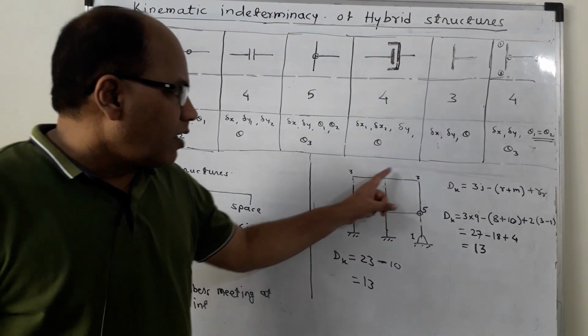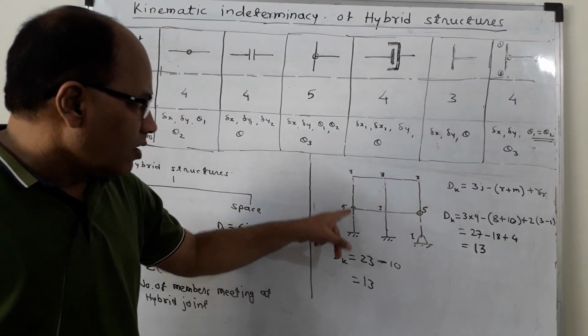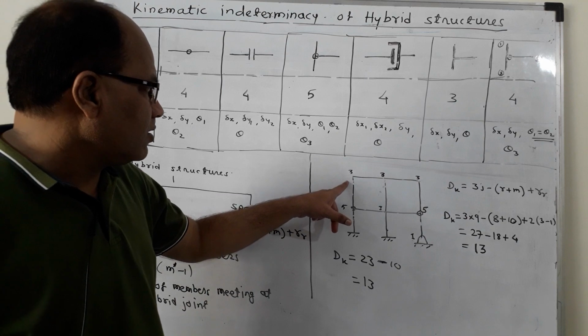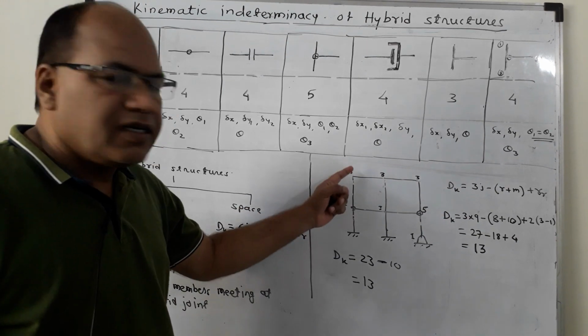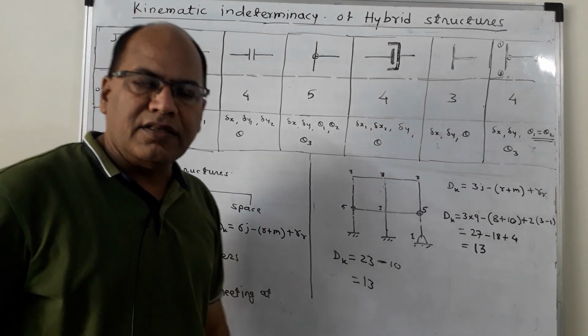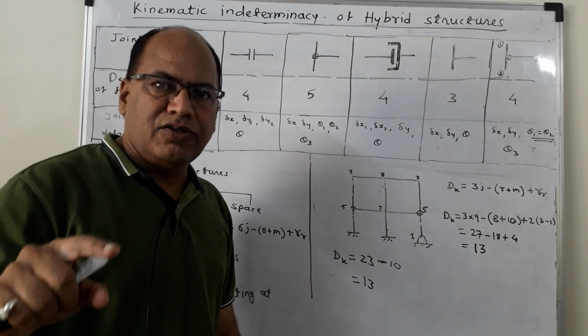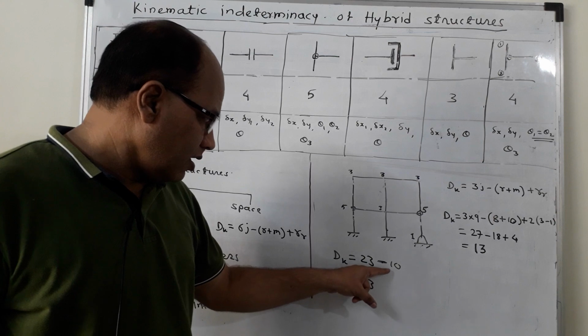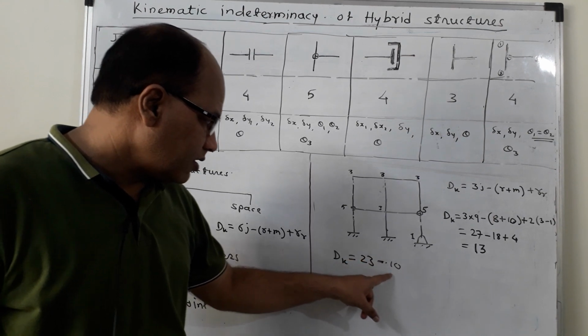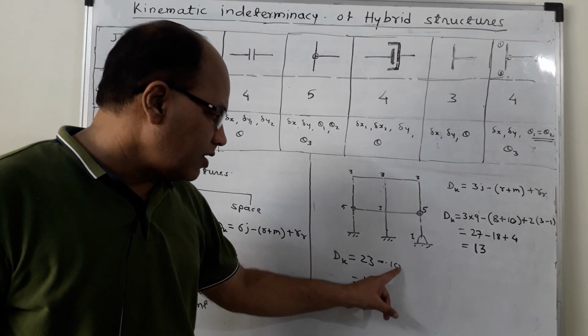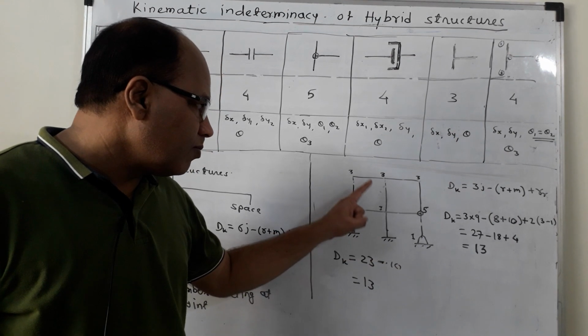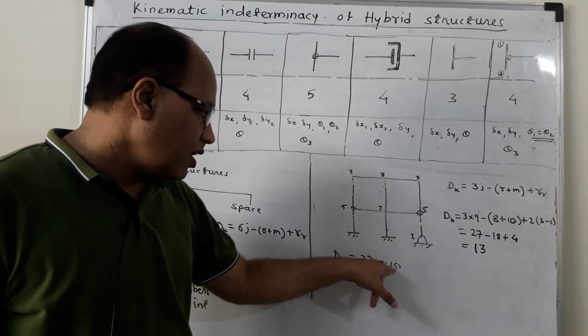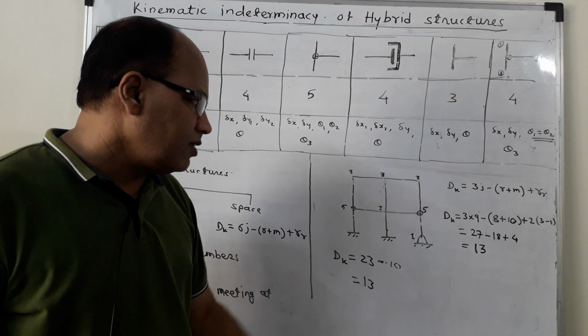Just by counting all the degrees of freedom, we are considering the axial displacements also, but these axial displacements should be reduced to 0 if the members are inextensible, and that is why I am deducting 10 from this. 23 minus 10, where 10 is the number of rigid members, and dk is equal to 13.